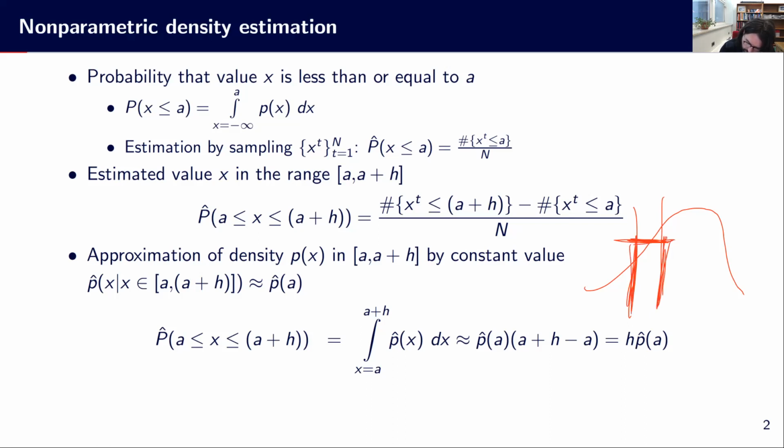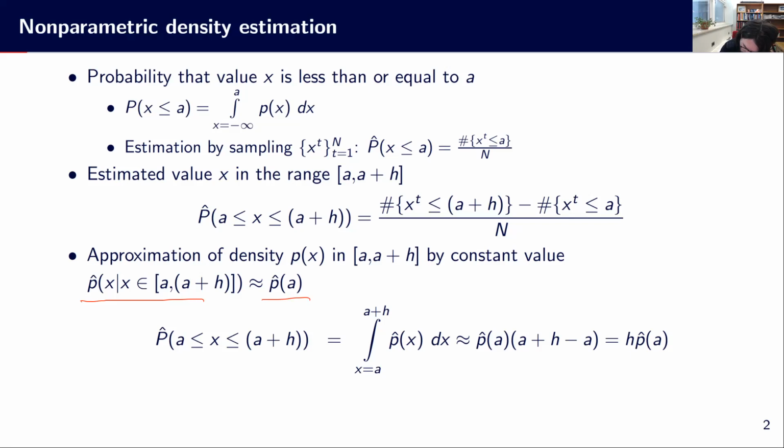So the height is p hat, and the width is a plus h minus a. So basically it's the width times p hat. That gave us a way to estimate that probability, assuming that it is constant, given that this is equivalent to that.